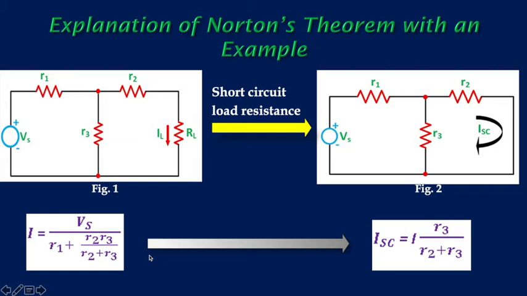Then we get the total current I from the circuit. And the short circuit current ISC is given by the equation, using the current divider rule, ISC equals total current I into R3 divided by R2 plus R3.